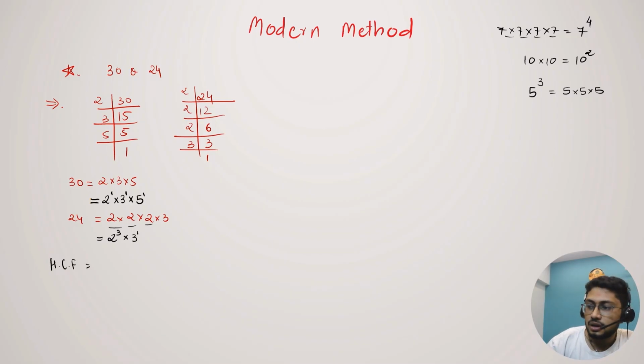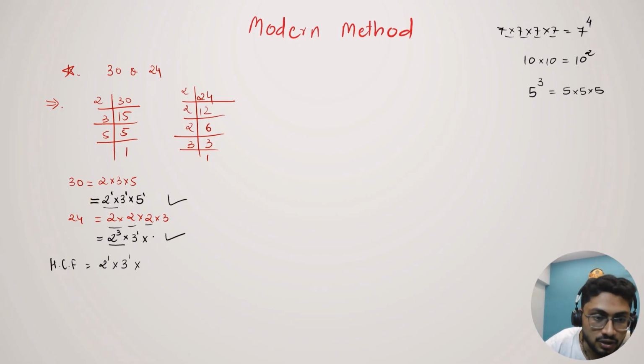HCF means what? You have to consider the lowest power from both terms. Here we have 2 raised to the 1 and 2 raised to the 3. Which one is the lowest power? So 2 raised to the 1. Here we have 3 raised to the 1 and 3 raised to the 1, so you can take it. And lastly, we have 5 raised to the 1. Sir, can we consider 5 raised to the 1?